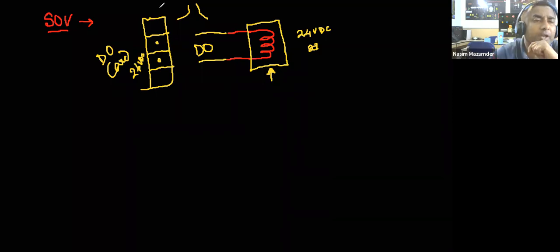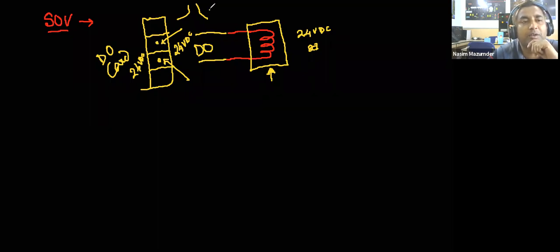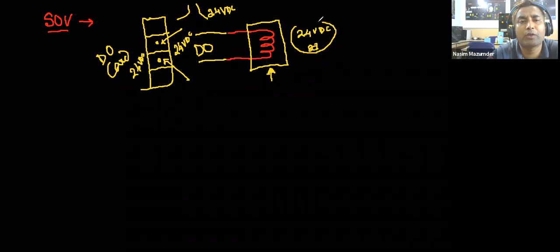Next, I have to check whether this channel has a 24 volt supply from an internal source or not. If it is not so, then I have to connect a 24 volt source from outside. And then I have to consider the coil voltage. If the coil voltage is also 24 volt, then I can make the connection directly.